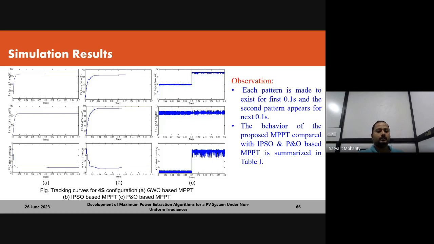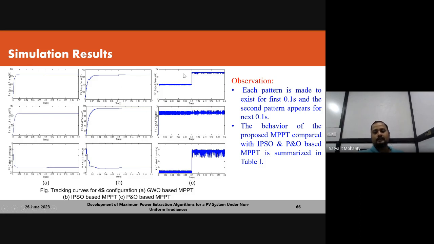So the first column shows the gray wolf optimization. In the middle part, you can see at 0.1 second, as I said, the insolation is changing from 0.4 to 0.8. Similarly, the second column shows the response of the improved particle swarm optimization for comparison.